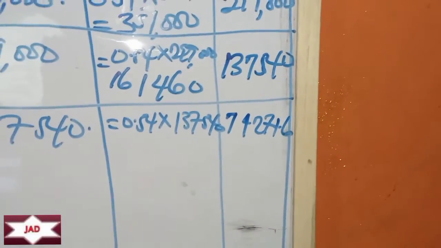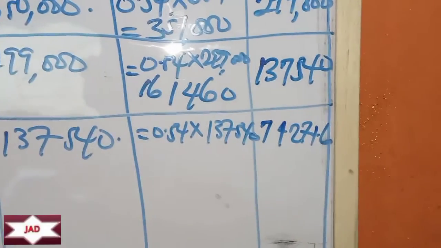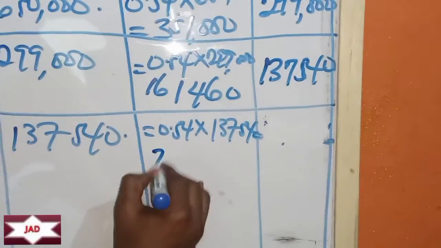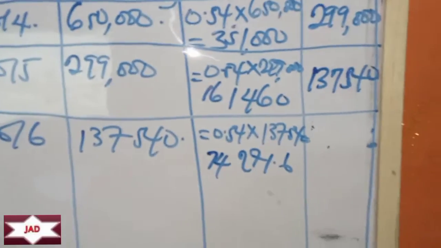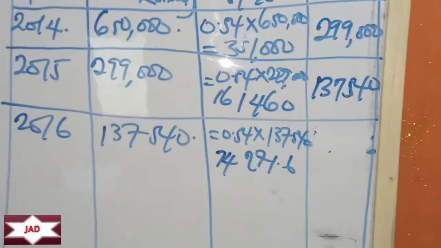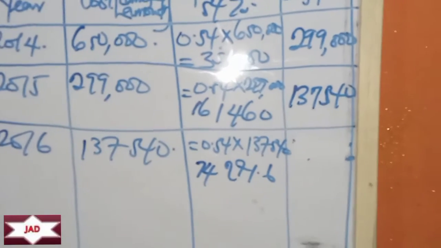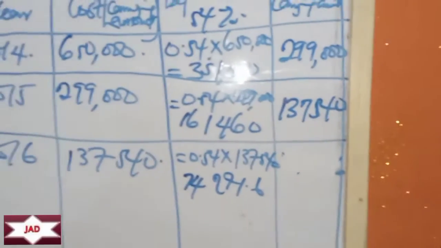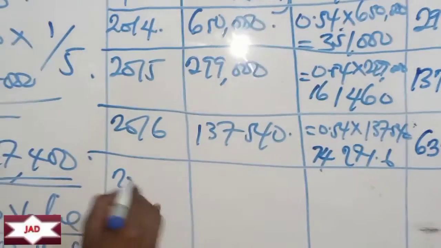That's the depreciation charge, 74,271.6. So we say 137,540 minus 74,271.6. That will now give us 63,268.4. That's 2016.